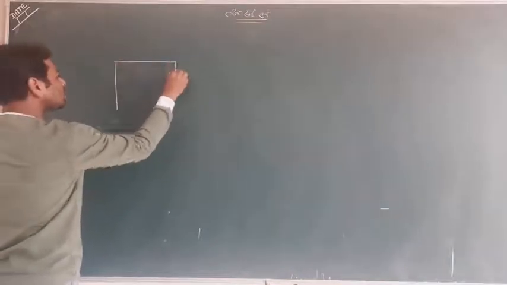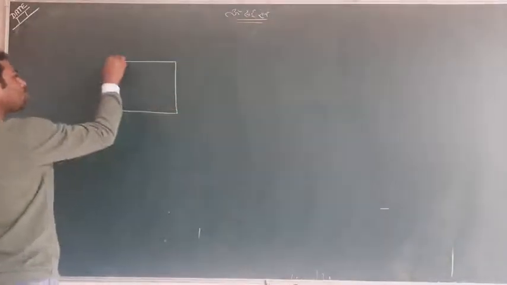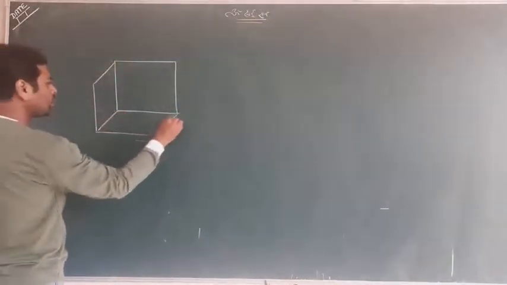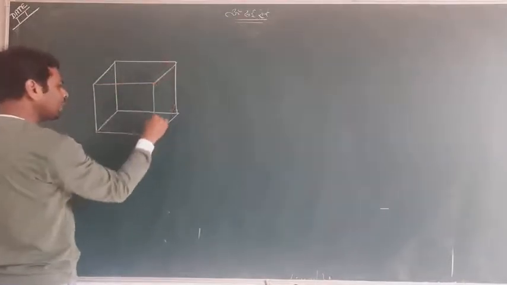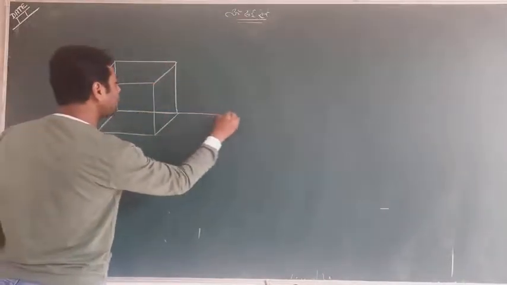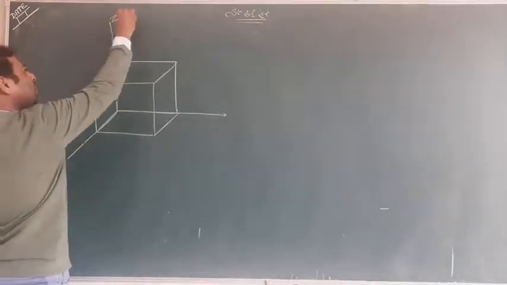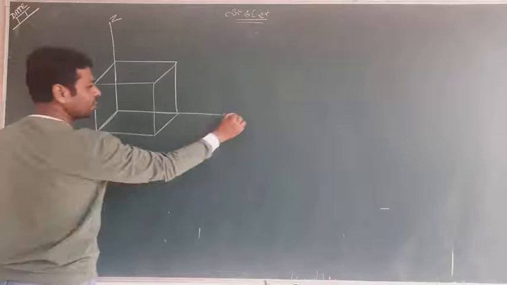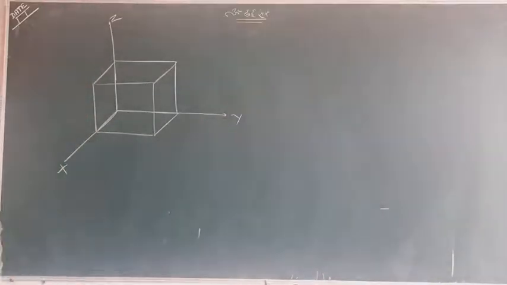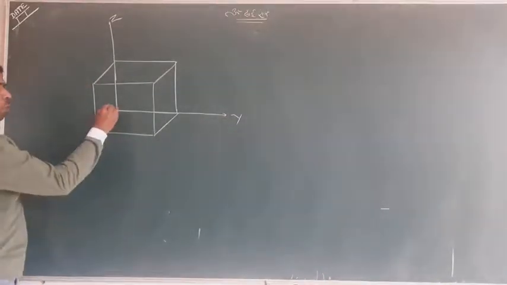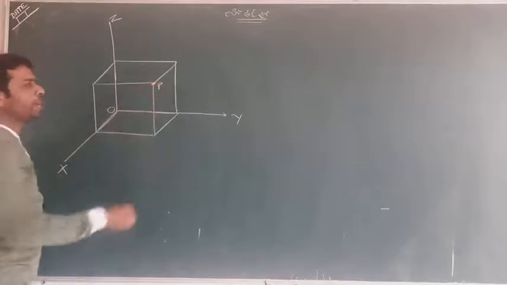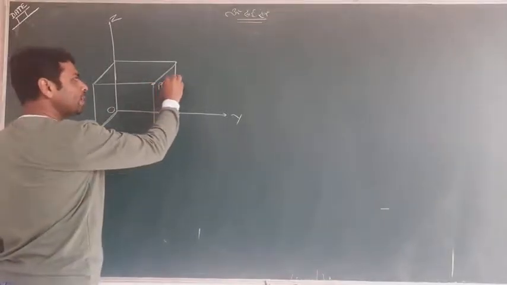If you are still confused, I will tell you one good concept here. Suppose in three-dimensional geometry I have made a cuboid, and I extend these three lines as axes. This is my z, x and y. Suppose this is O and this is my P, and P has coordinates x, y, z.